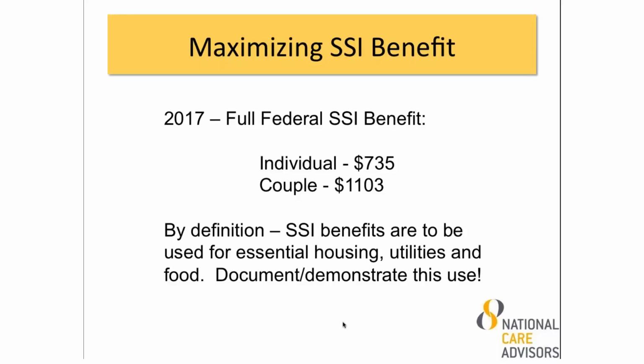They don't care. SSI, by federal definition, is to be used for essential housing, utilities, and food. We have found that if a parent demonstrates that they are charging their child at least $600 a month in rent, there is a good chance that we will be able to retain the full SSI monthly benefit.